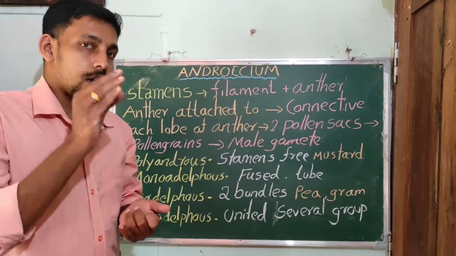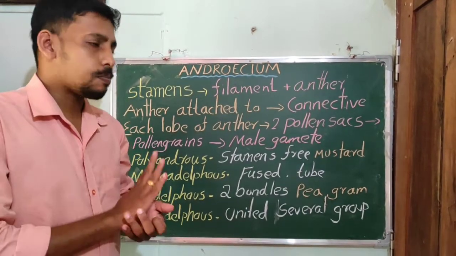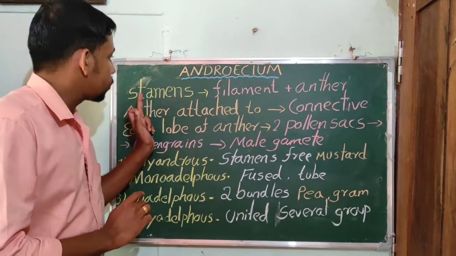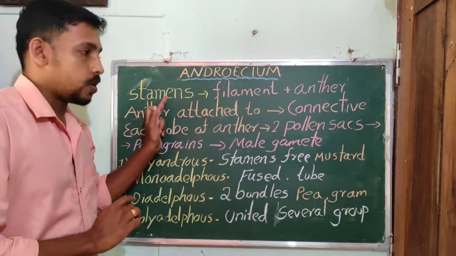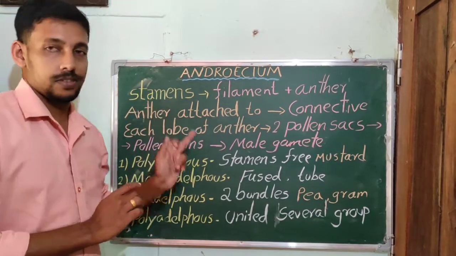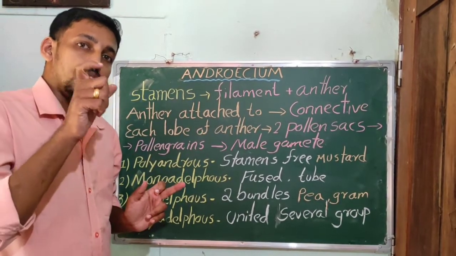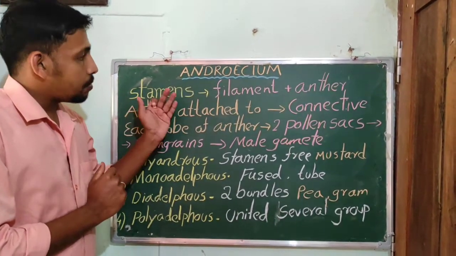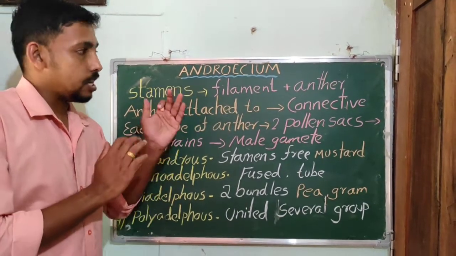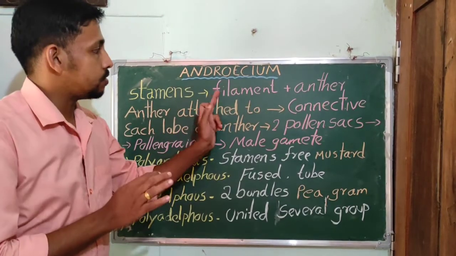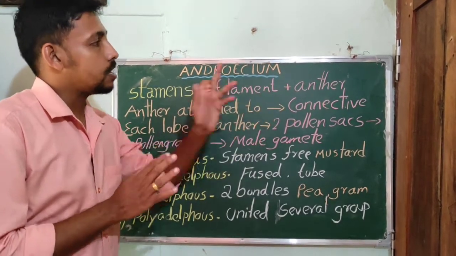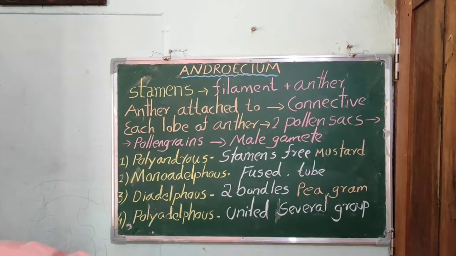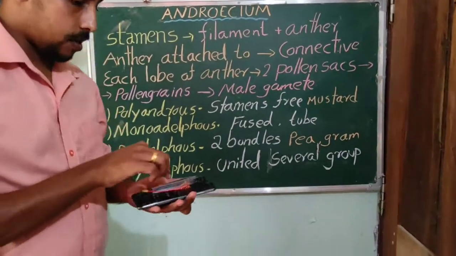The basic parts of the androecium are known as the stamens, which are the individual units. A stamen mainly consists of two parts, the filament and the anther. I will show you this. Here you can see.